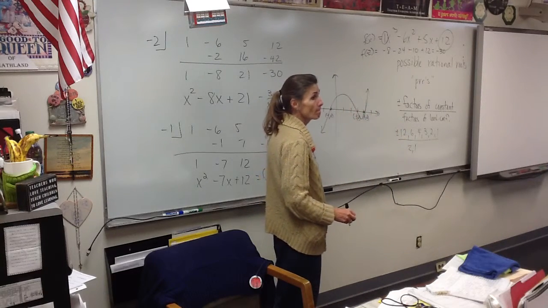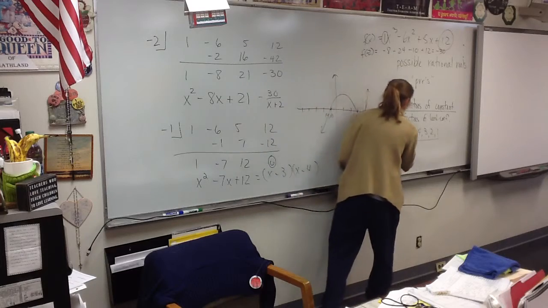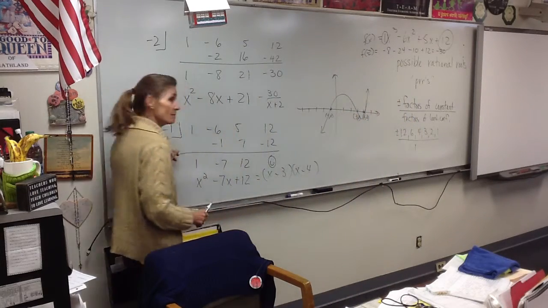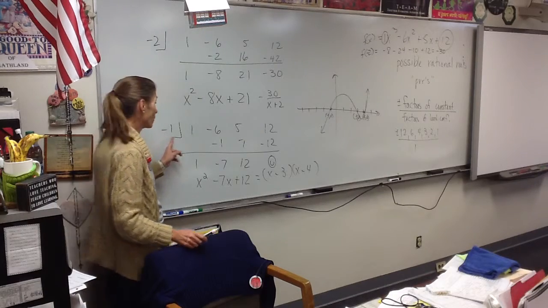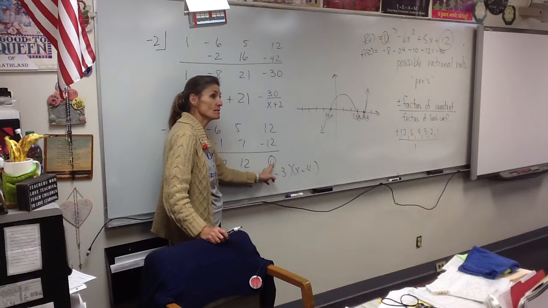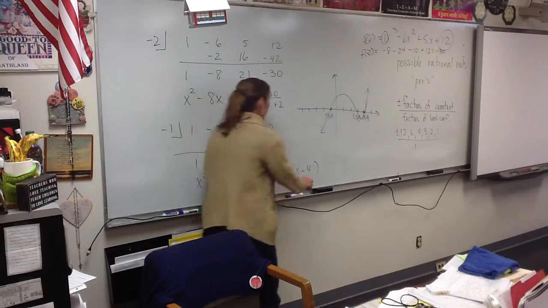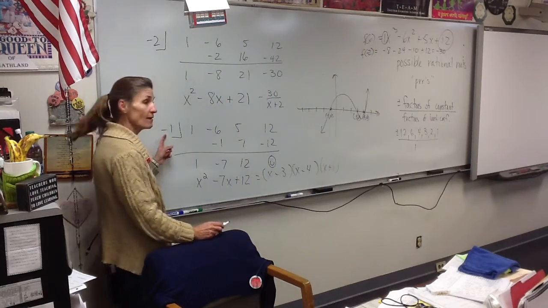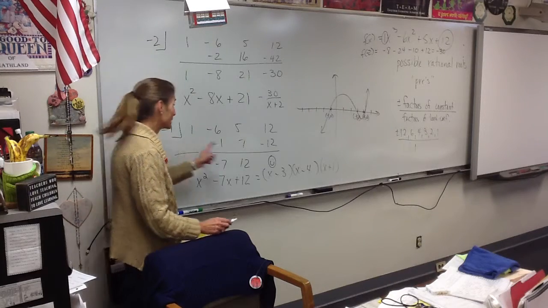Lily? Wait, where did you get the -1, 0? The number that we guessed in the beginning, when we divided it out, we got a remainder of 0, which means it is a factor. That's a factor, because when I divided it out, I got 0.